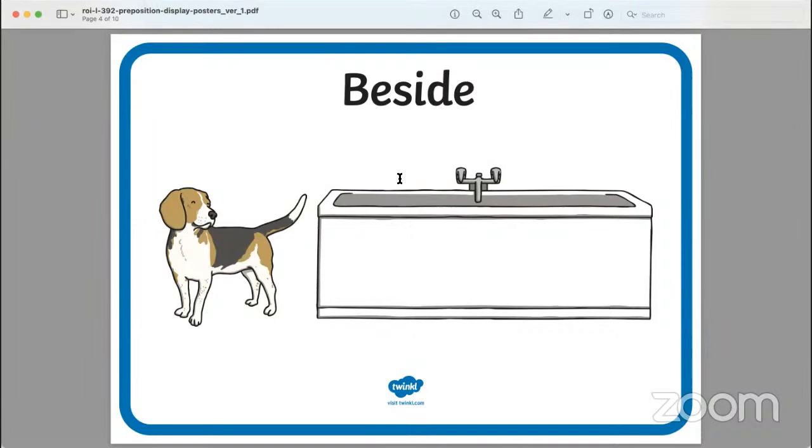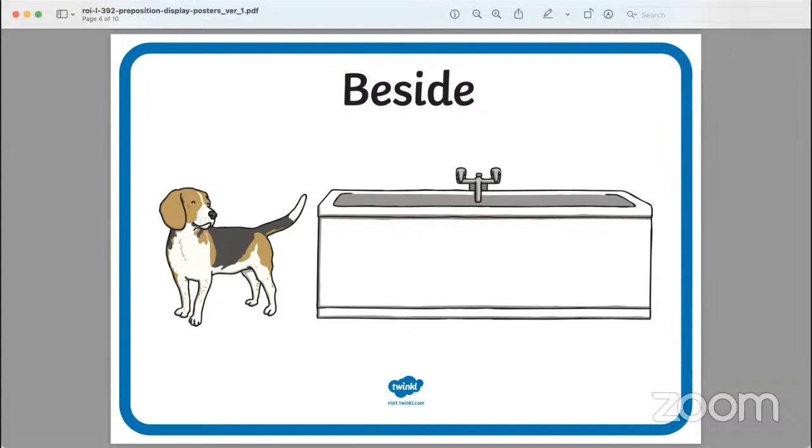Dog is beside. Okay. Yes, Anika. Dog is standing beside the tub. Good.